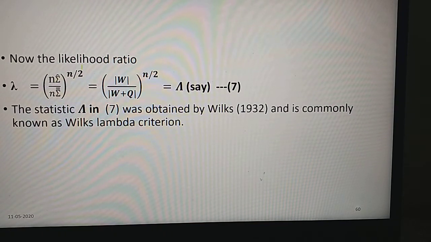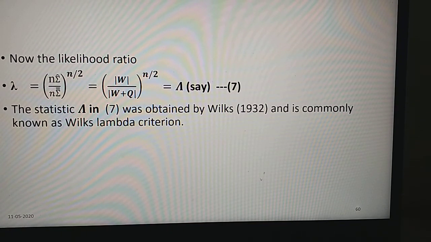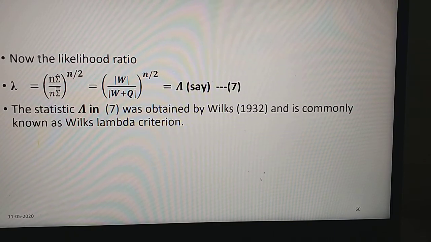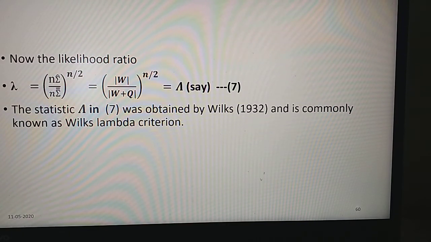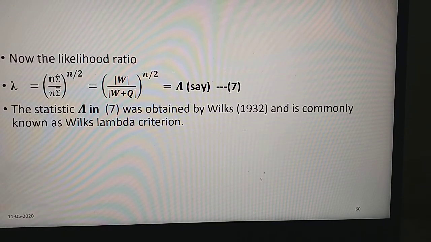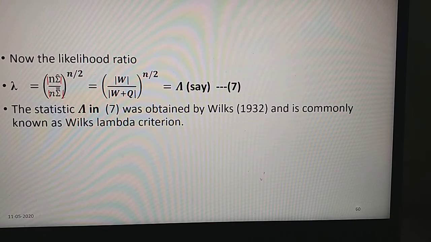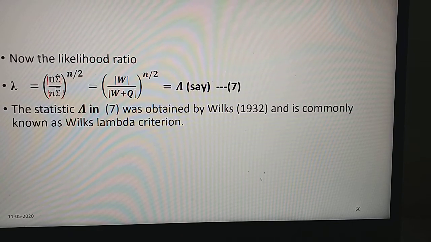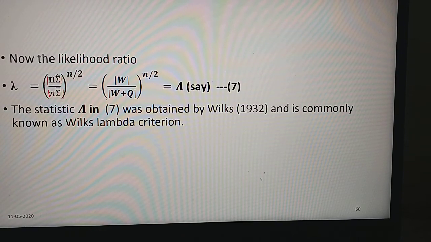Now the likelihood ratio lambda to the power 2 by n. This is the formula for the likelihood ratio: n sigma cap by n sigma double cap. Here there should be a determinant; I have missed it, so you add the determinant here. So n sigma cap is determinant W, n sigma double cap is determinant W plus Q, to the power n by 2.